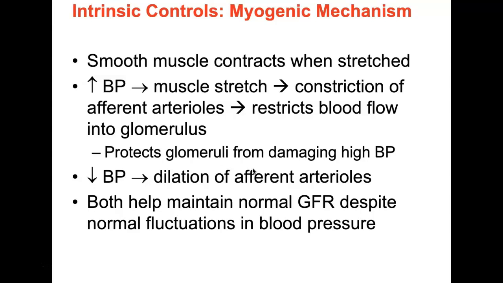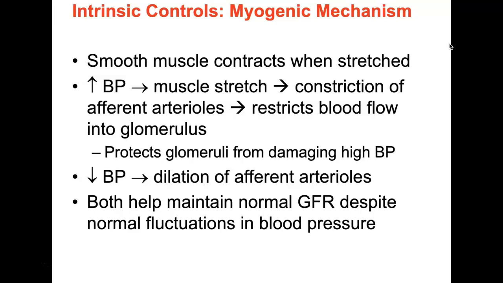The myogenic mechanism, which is the first one that we are going to cover, reflects a property of vascular smooth muscle. It contracts when stretched and relaxes when not stretched. So rising systemic blood pressure stretches vascular smooth muscle in the arteriolar walls, causing the afferent arterioles to constrict. This constriction restricts blood flow into the glomerulus and prevents glomerular blood pressure from rising to damaging levels.